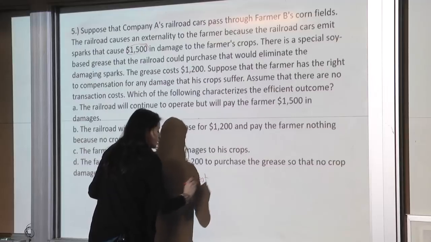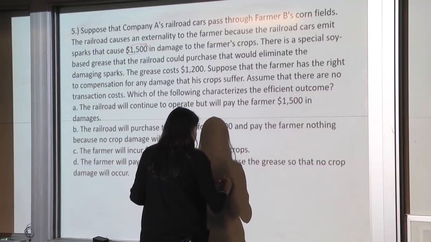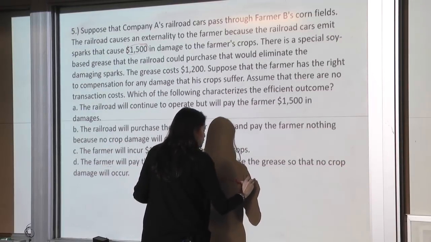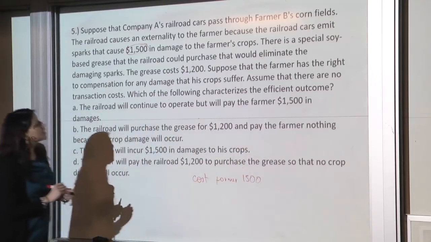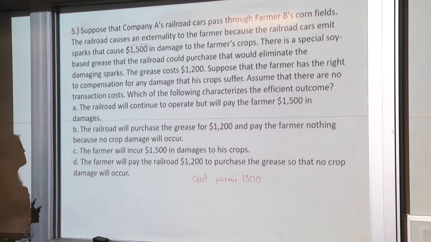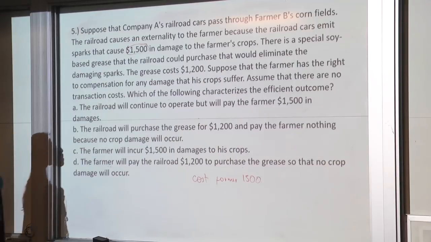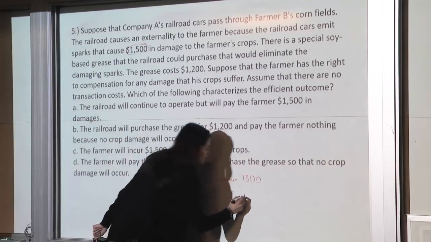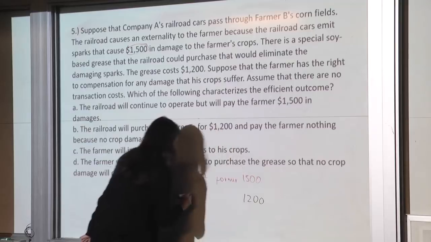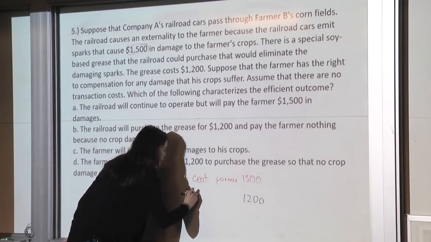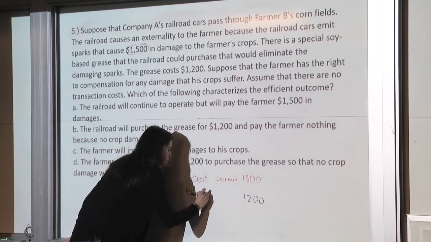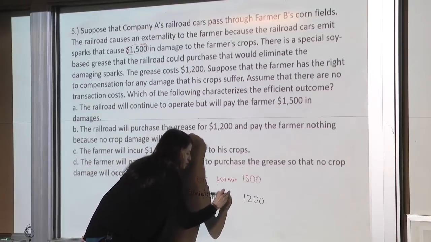Cost to the farmer is 1,500 in damage. There is a special soy-based grease that the railroad could purchase that would eliminate the damage in sparks. The grease costs 1,200. Basically, this is the elimination cost. Okay?